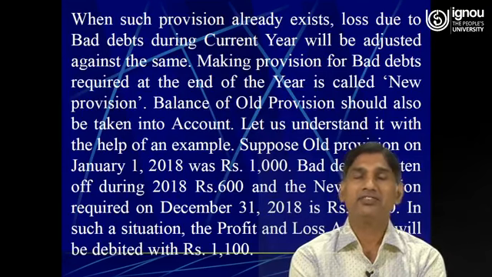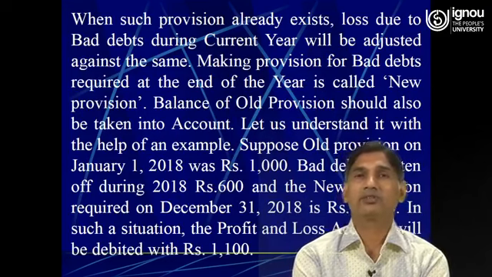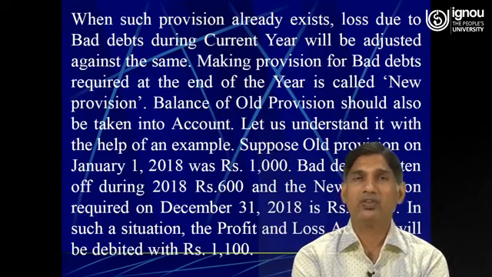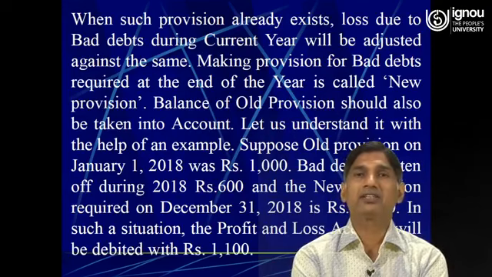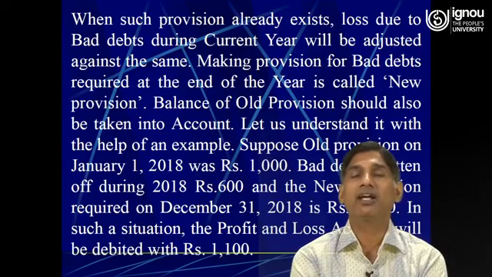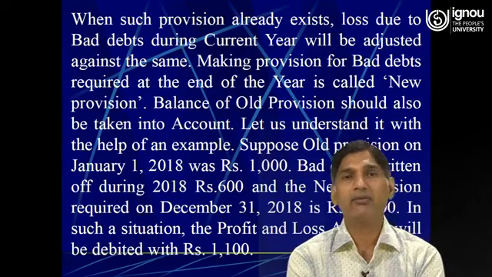It means if any balance of provision for doubtful debts is given in the trial balance, any loss due to bad debts that takes place during the current financial year will be met first from this old provision which is given in the trial balance.